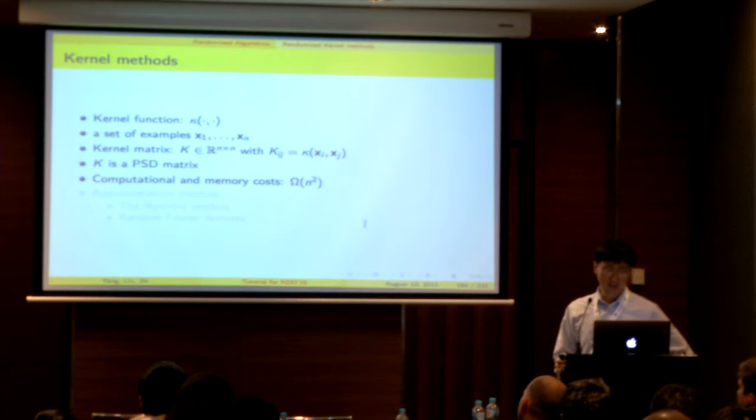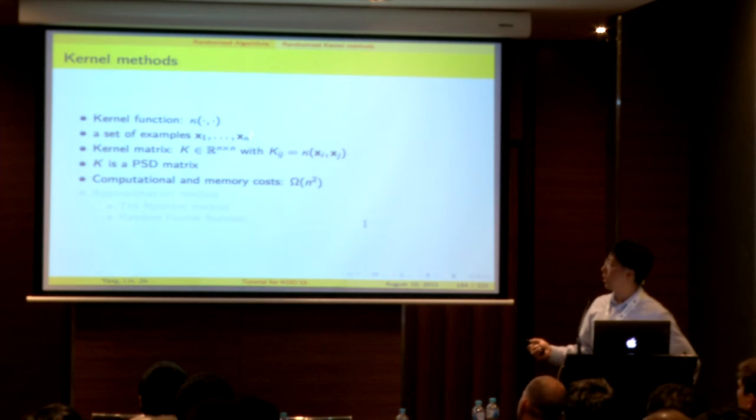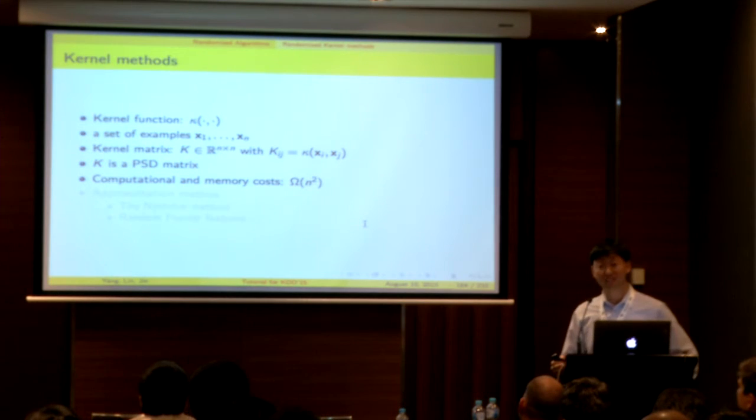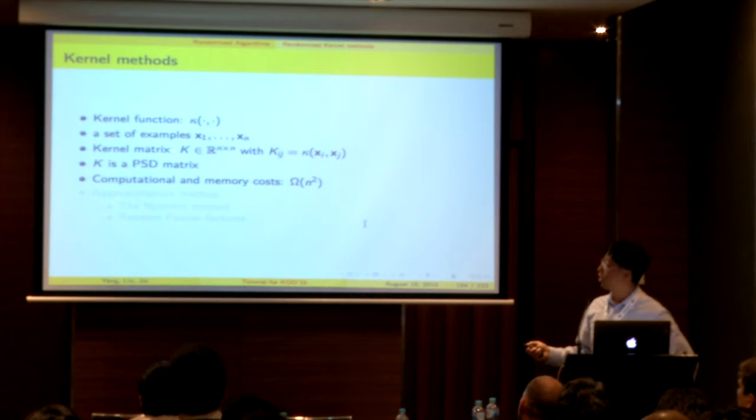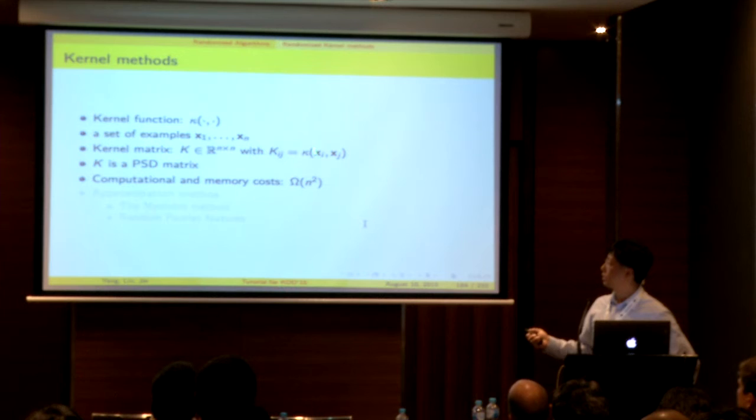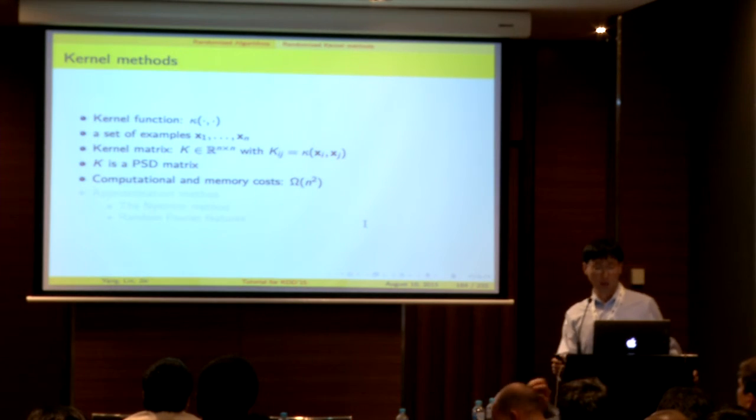Say we are given a bunch of training examples x1 to xn. We can compute the kernel similarities between all these examples, which form a kernel matrix K. The ith row, jth column is the kernel similarity between the ith example and the jth example. This K matrix is a PSD matrix.